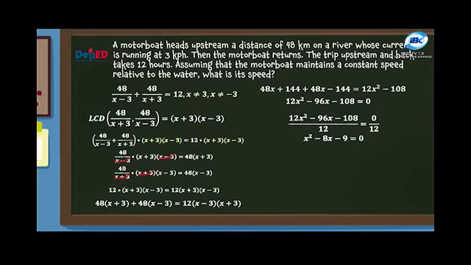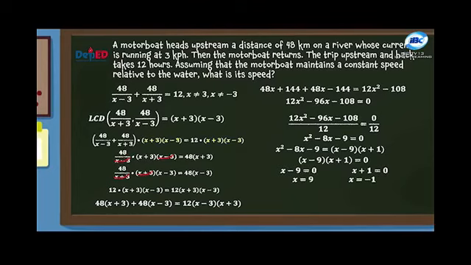And this can also be solved by factoring. x squared minus 8x minus 9 is equal to the product of the binomials x minus 9 and x plus 1. Hence, we have the equation binomial x minus 9 times binomial x plus 1 equals 0. Equating each factor to 0, we should get that the values of x are 9 and negative 1.